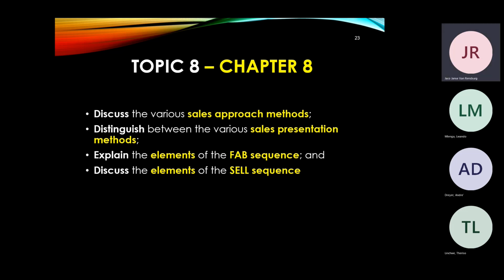Right. What happens in chapter 8? In chapter 8, we deal with the sales presentation. There are a few things that we obviously have to cover. This is the chapter where we specifically dealt with FAB and with sell. Okay. Anybody before we start? FAB? What's FAB again?